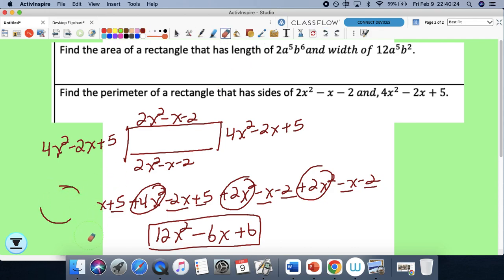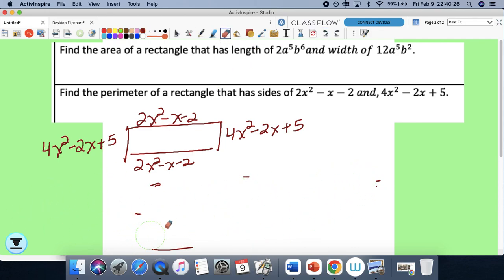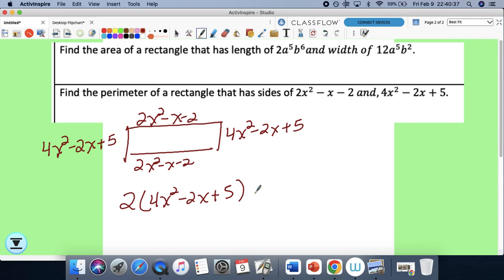Now, for those of you that think that's too long, I don't know if it's a shorter amount of work, but you can say, hey, it's 2 times this, because there's 2 of these, 4x squared minus 2x plus 5, plus 2 of the other side. So 2 times 2x squared minus x minus 2. Now, you have less terms, right? Half of the terms, but you have to do the distributive property.